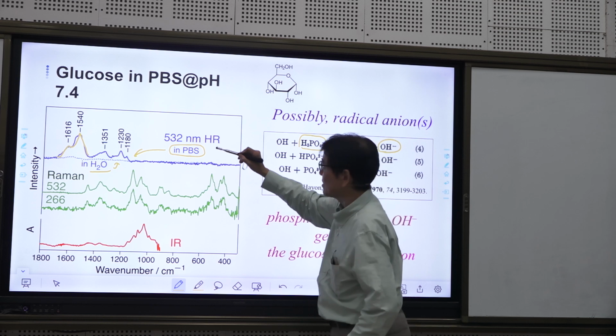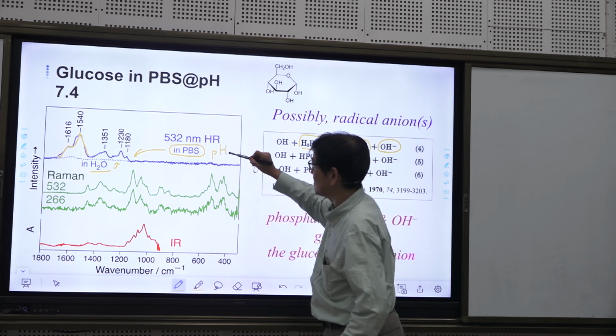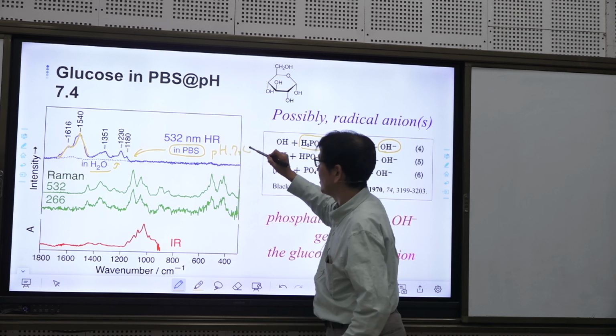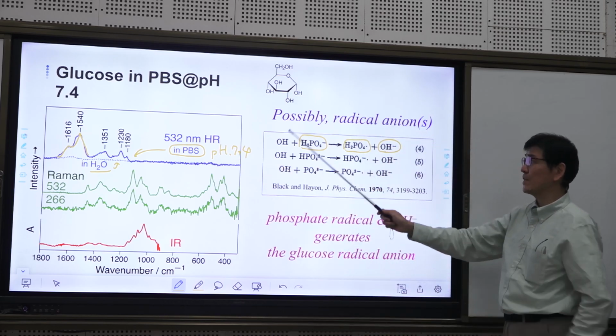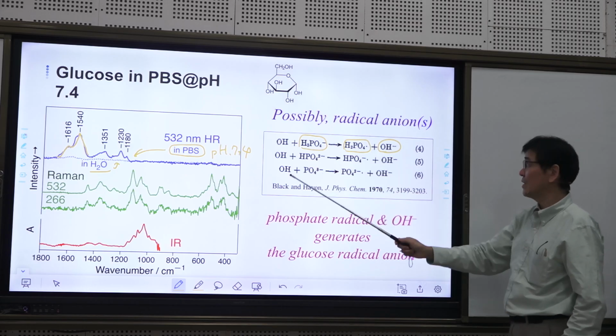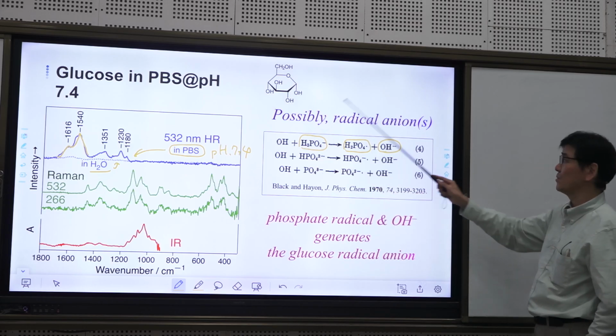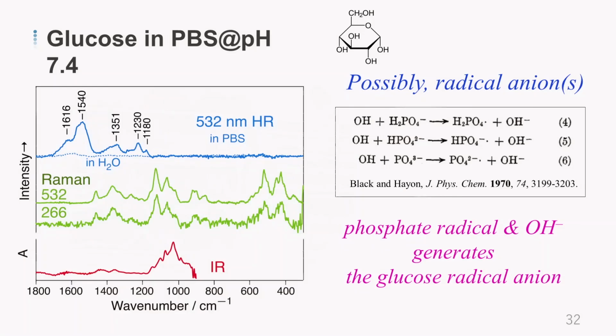This experiment is done at pH 7.4, so it's neutral. But once OH radical is formed, it turns to phosphate radical and OH minus. And OH minus lowers pH, at least very locally, and radical reaction is enabled by this.